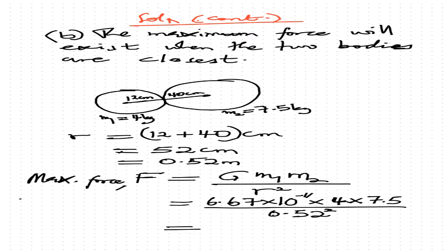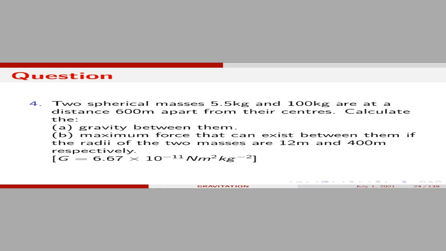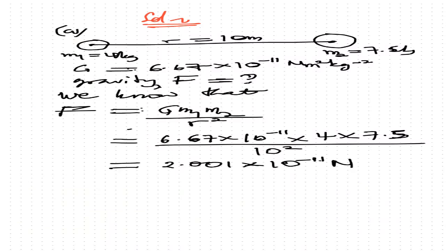Oh, sorry, it's 400. Please, let's check the question again. What were the radii? Let me check it, please. Let's check the question so that we don't make a mistake.